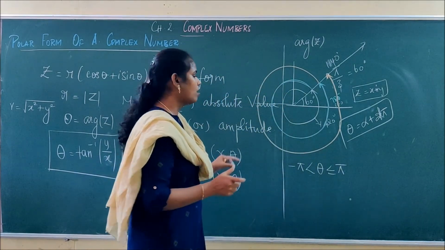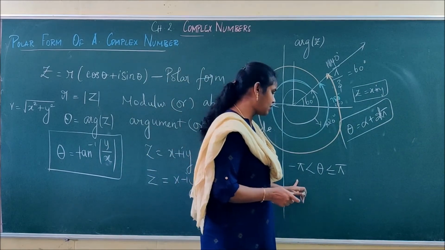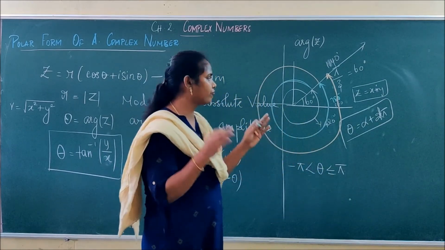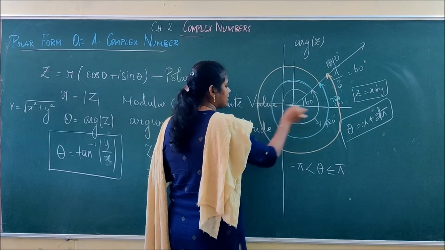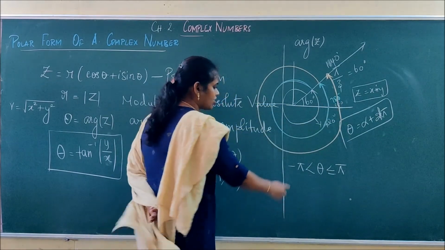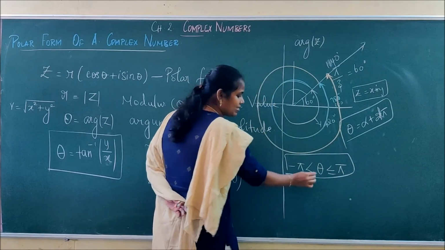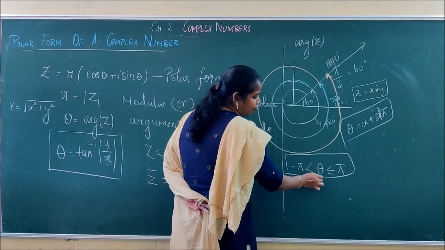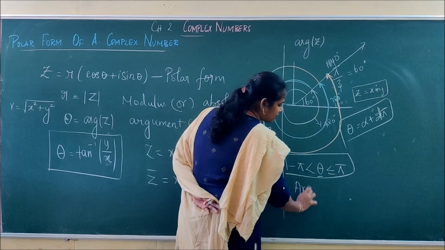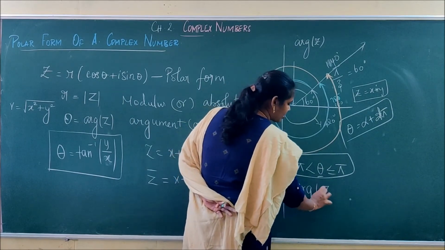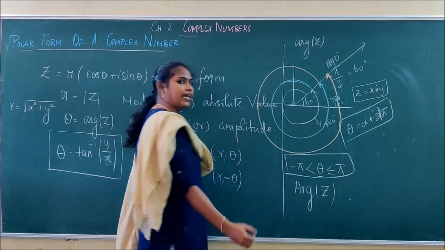It takes a range of 2 pi, that is, exactly the range minus pi to plus pi, and in this range the angle we are finding is nothing but the principal argument of z, which is denoted by capital Arg of z.